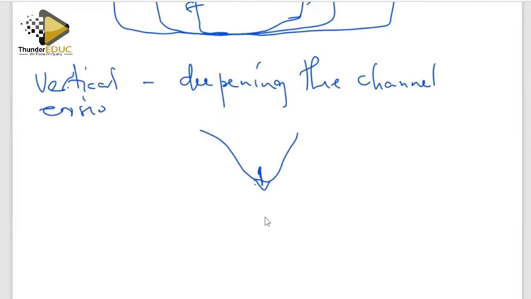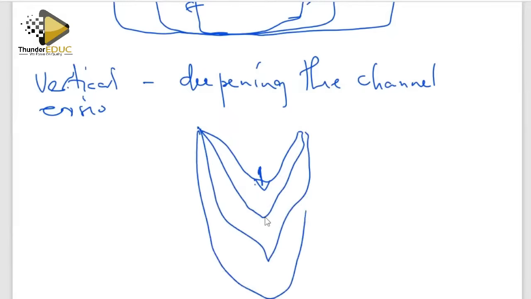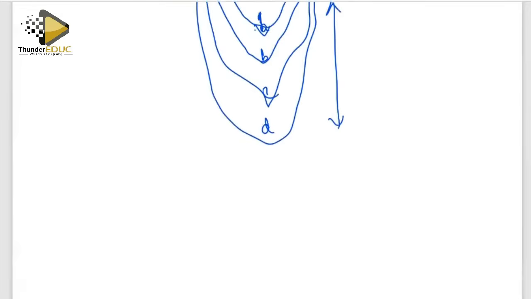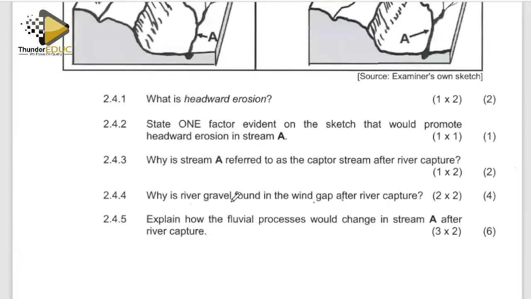Maybe the next season, the river is now there. It was here at A, it went to B, it's now at C, now it's at D. The river is becoming increasingly deeper and deeper. That is vertical erosion. That was just an explanation of the other types of erosion. Right, moving on to the next question.